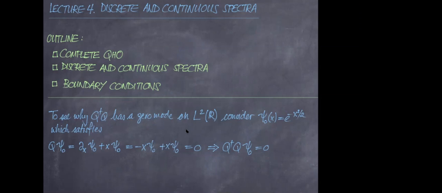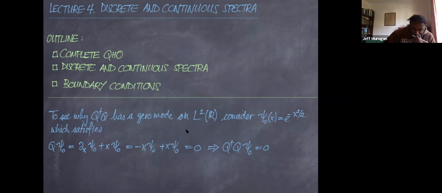When you said the Gaussian function was a 0 mode of Q, did you say it was also a 0 mode of Q dagger Q? I said it was a 0 mode of Q, and I showed you just now that it is, right? If I act on psi naught with Q, I get 0. And 0 is the same as 0 times psi naught.